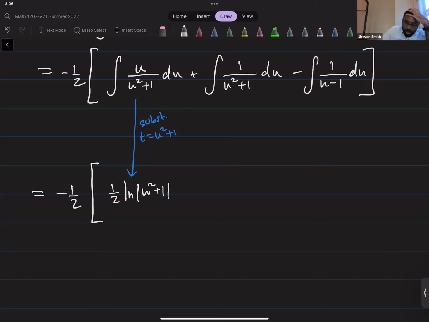What about the second one? What's this? What's the integral of 1 over u squared plus 1?